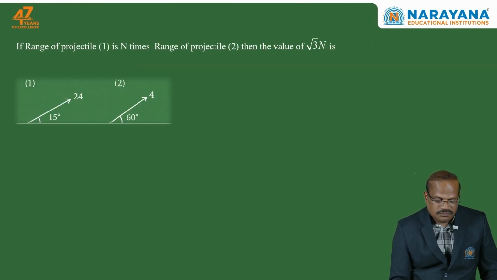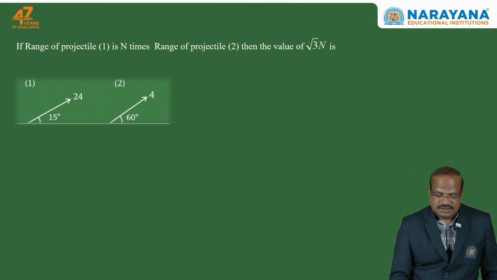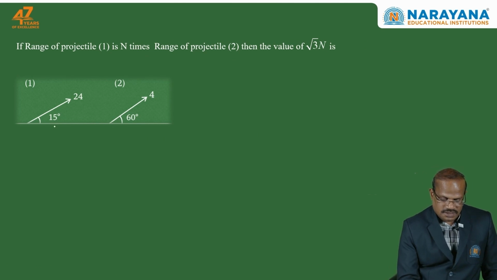If the range of projectile 1 is n times the range of projectile 2, then find the value of root 3 n. So what is the range of projectile 1? R1 is n times R2, given that.